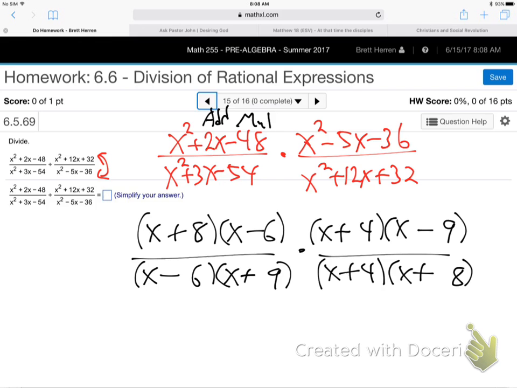All factored? And then just cancel away anything that matches. X plus 8s, x plus 4s, x minus 6s. All we're left with is x minus 9 over x plus 9. Is that okay? Getting more comfortable with factoring?